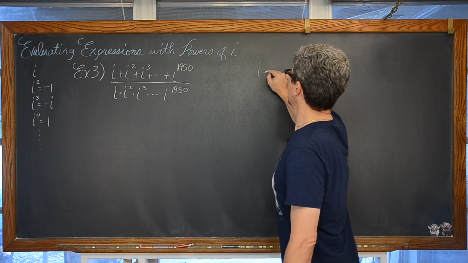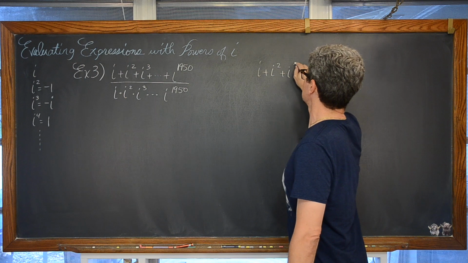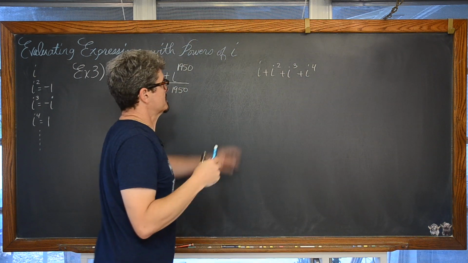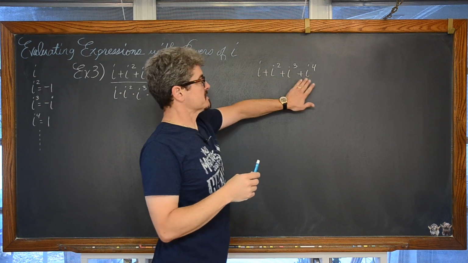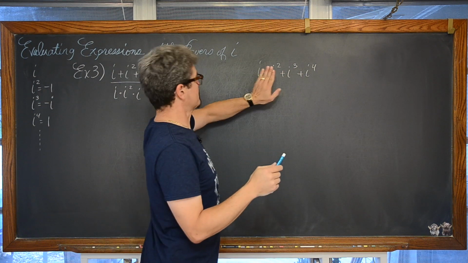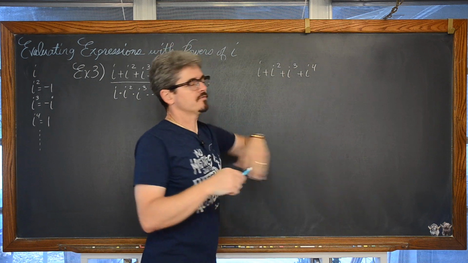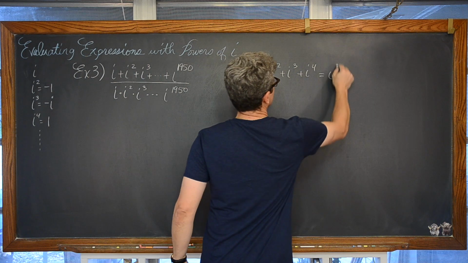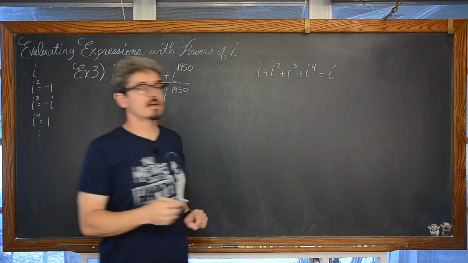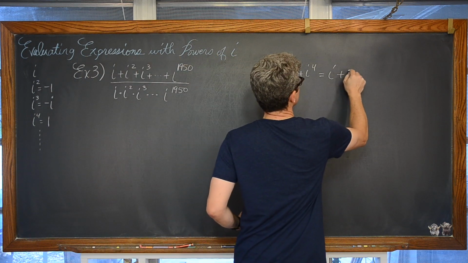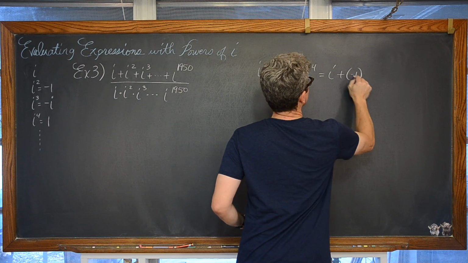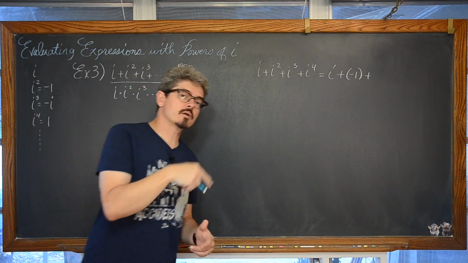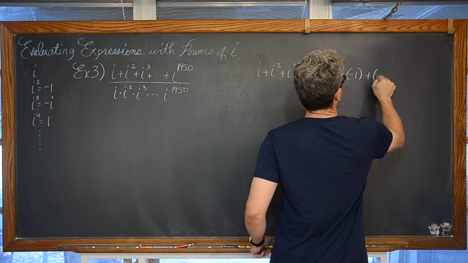We have i plus i squared plus i to the third plus i to the fourth, which is going to be the same as i to the fifth plus i to the sixth plus i to the seventh plus i to the eighth, which is going to be the same as i to the ninth plus i to the 10th plus i to the 11th plus i to the 12th. So i, well, great. i squared is negative 1. i to the third is i squared times i, so that's going to be negative i.